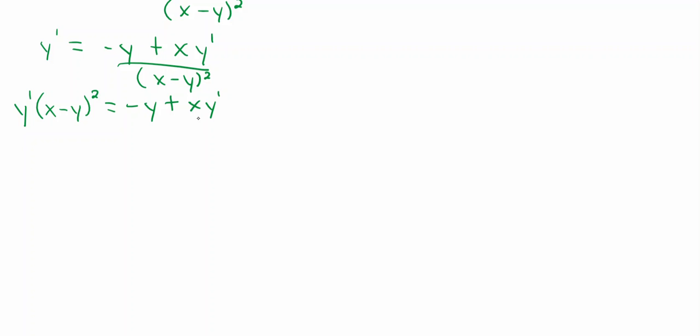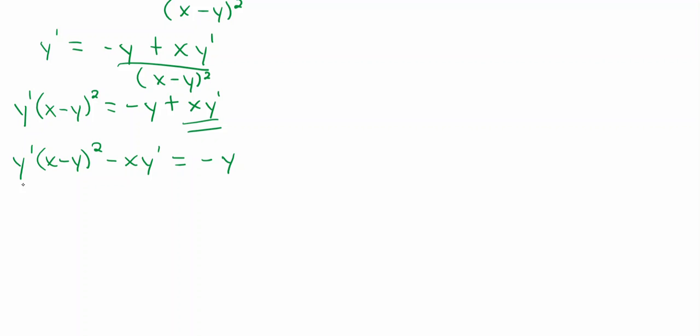This is looking a little better because I no longer have anything in the denominator. The next thing I'm going to do is take this term and move it over to the other side. It'll make sense in a minute. So let's write this again now. We've got y prime times (x minus y) squared minus x y prime equals negative y. The whole reason I did that is I needed these two terms on the same side of the equation because, watch this.